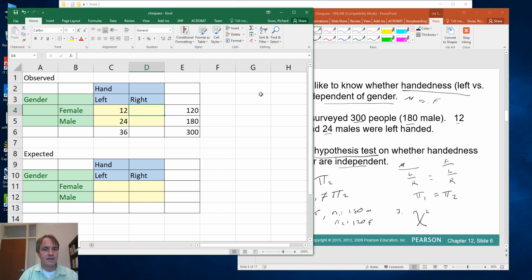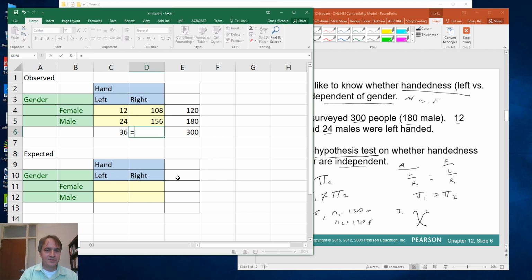And if 12 were left-handed, how many were right-handed? Well, this is just going to be that minus that. Probably could have done that in our heads, but that's 180 minus 24, because these are collectively exhaustive. You're either left or right-handed, leaving aside the case of ambidexterity.